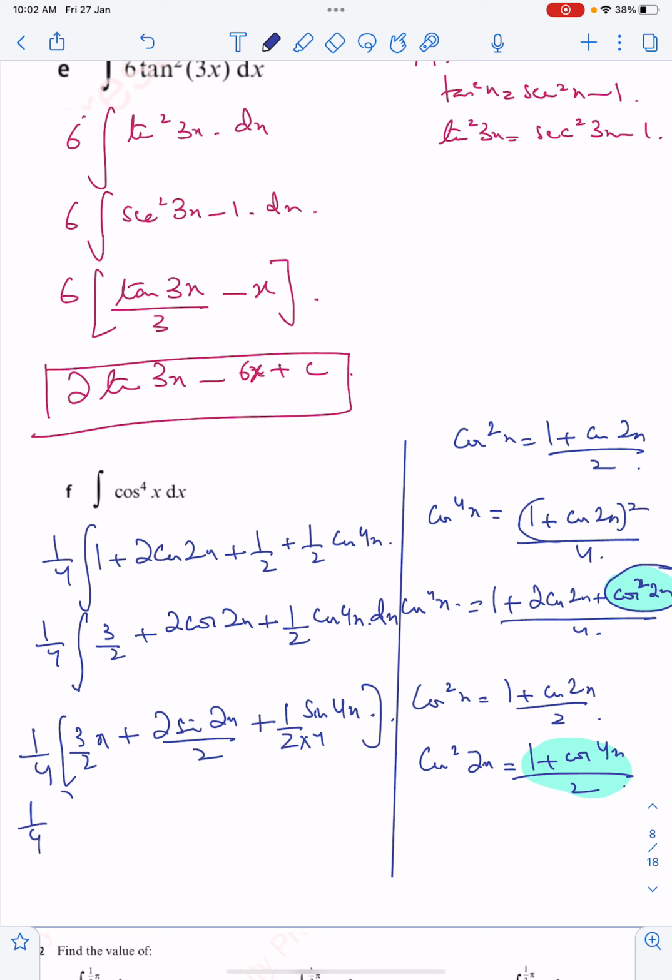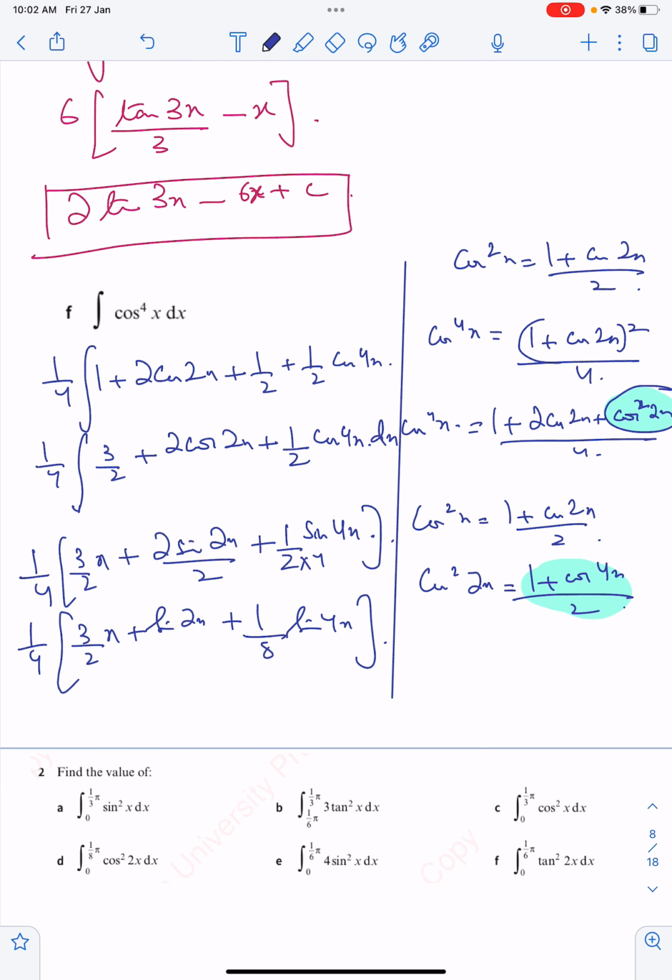Okay, 1 upon 4 stays outside. 3 upon 2x plus sine of 2x plus 1 upon 8 sine of 4x. Finally, you can multiply 1 upon 4 by the whole thing. 3 upon 8x plus 1 upon 4 sine of 2x plus 1 upon 32 sine of 4x.